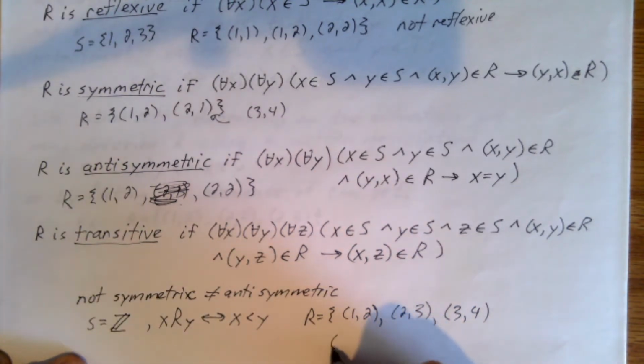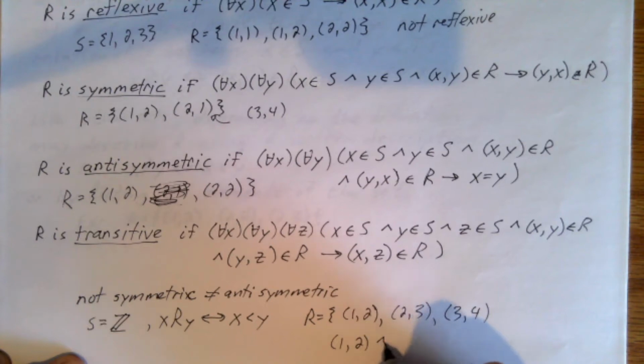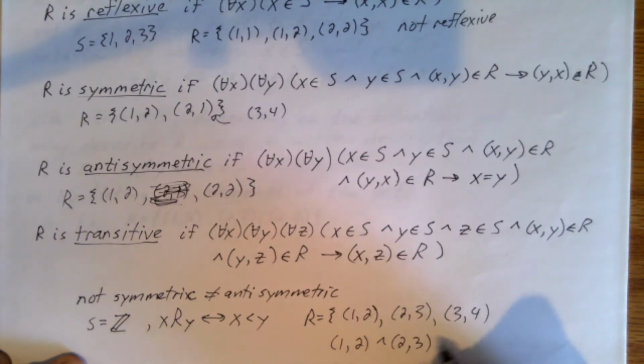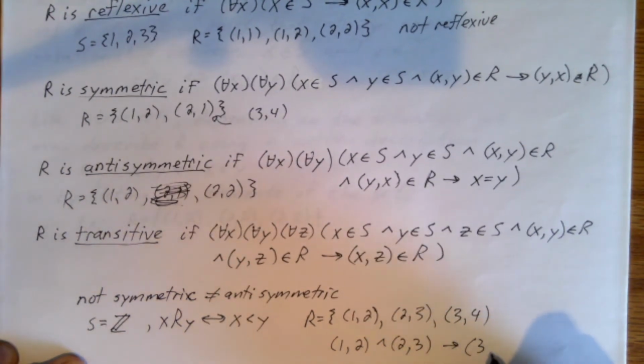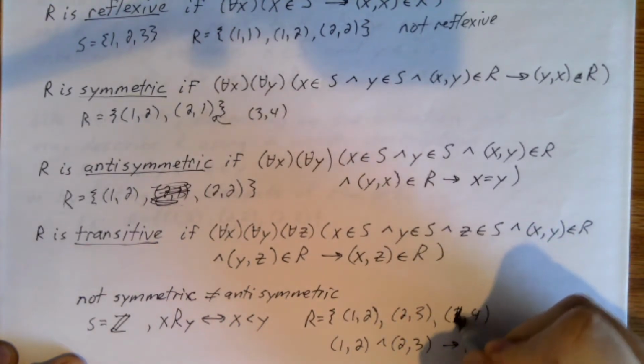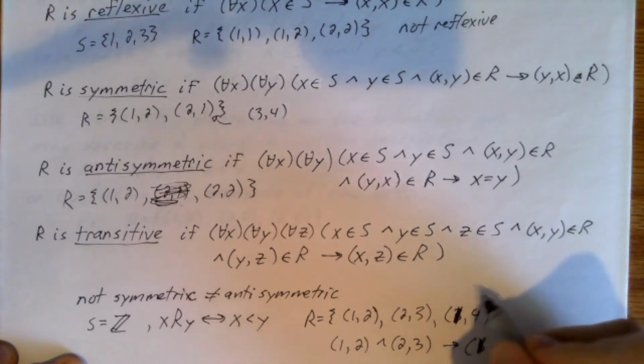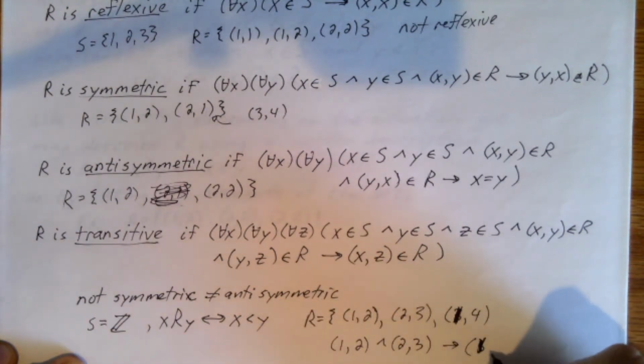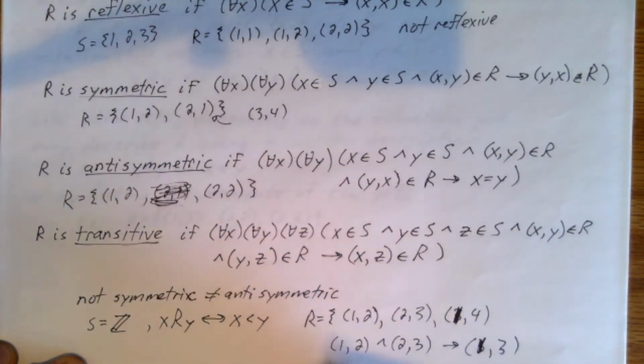And we know that 1, 2 and 2, 3 means that, excuse me, this should be this, to do this. That would also be in the set, but it's not part of this example. 1 comma 3. We know for this relationship here that if 1 is less than 2 and 2 is less than 3, then 1 has to also be less than 3.